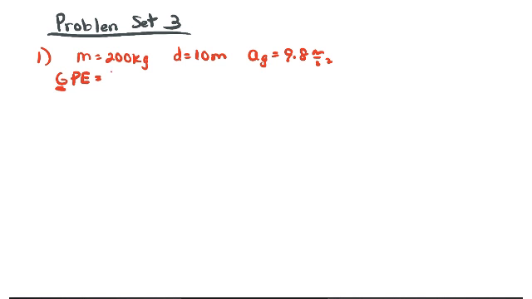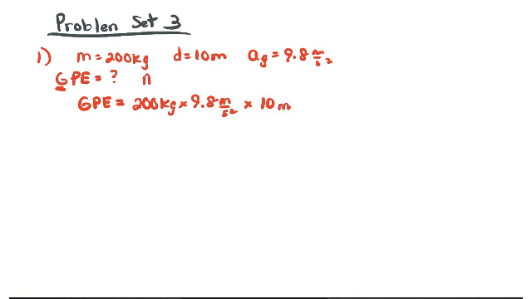And if it's gravitational potential energy, we have to have gravity in the mix. So gravitational potential energy equals the weight of our object, that's 200 kilograms, times gravity. So we have the weight of our object being lifted, and we're going to multiply that by our distance of 10 meters. So I should have put our formula in here.